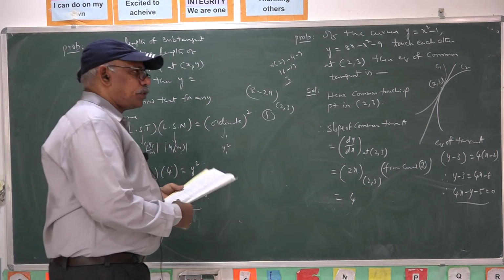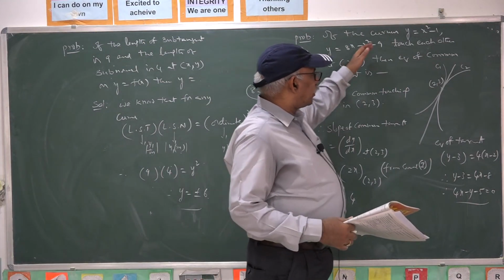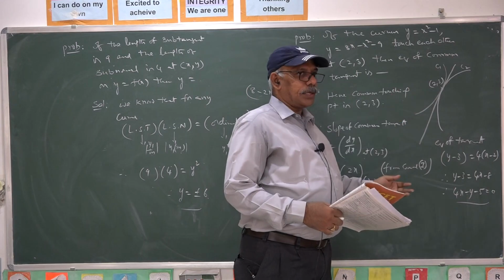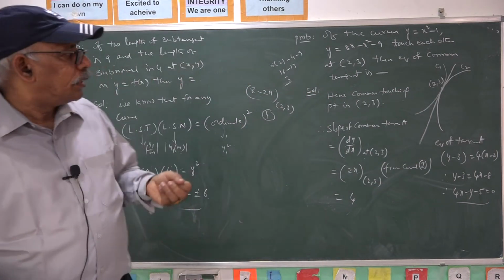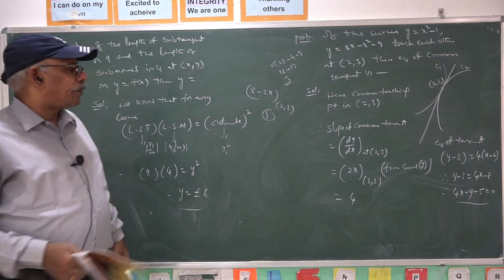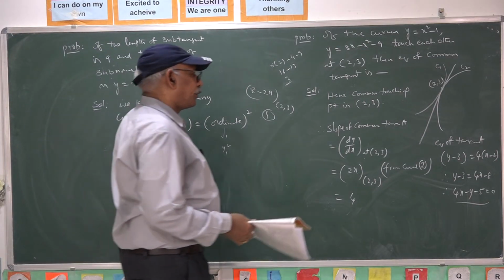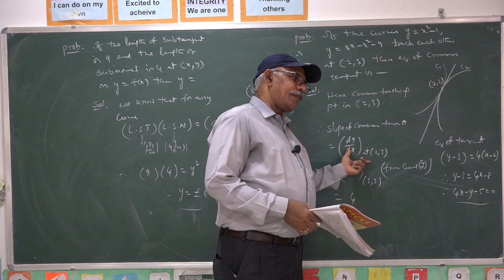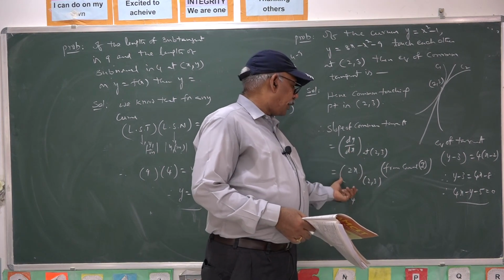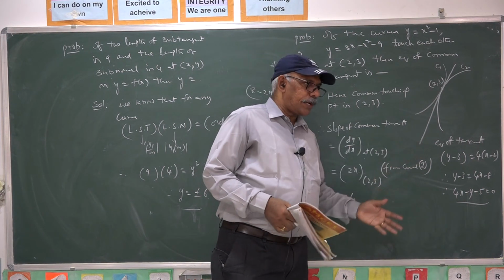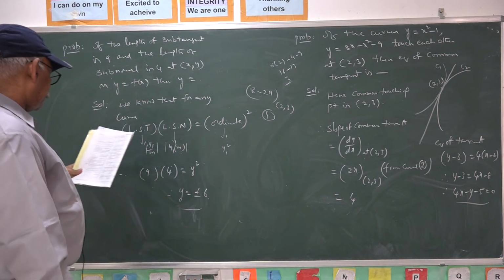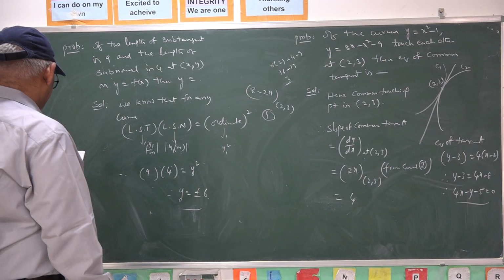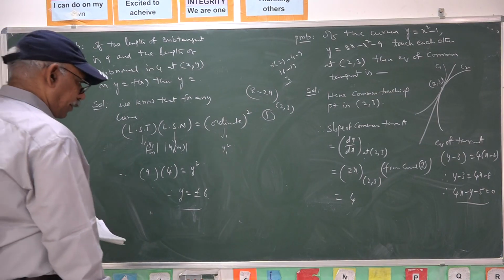Once the two curves touch at 2 comma 3, and the point of contact is given, then immediately you can find the slope of the tangent from any curve, and based on that slope and point you can find the common tangent. Next one.